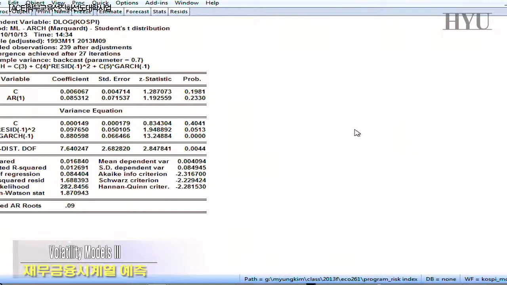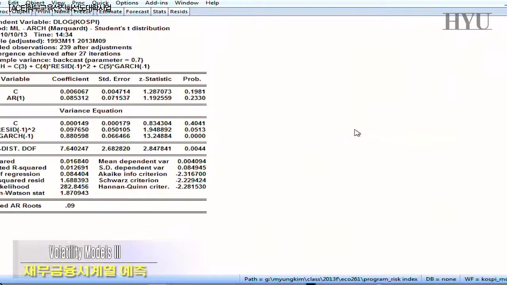And then because we assumed a t distribution instead of a normal distribution, we are adding one more parameter to be estimated, which is the degree of freedom parameter. So 7.6 was the degree of freedom of the t distribution, and it appears to be very significant, right?